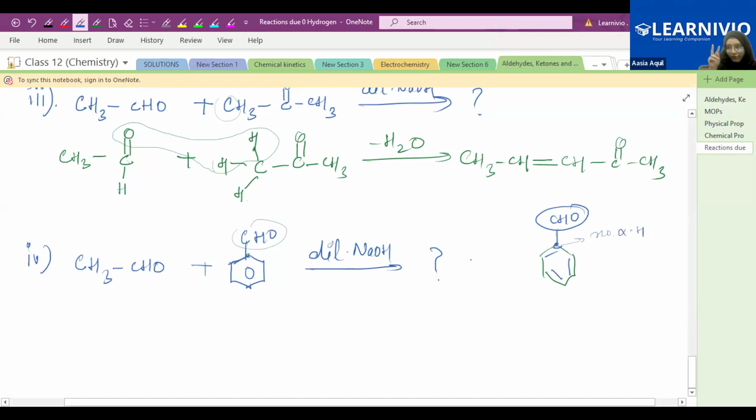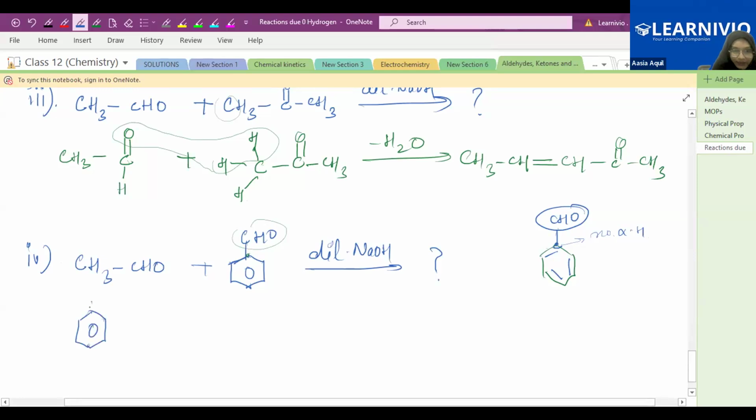So if you are doing a crossed aldol condensation, and one compound has no alpha hydrogen and the other compound has alpha hydrogen, you will remove the oxygen from the compound which has no alpha carbon.